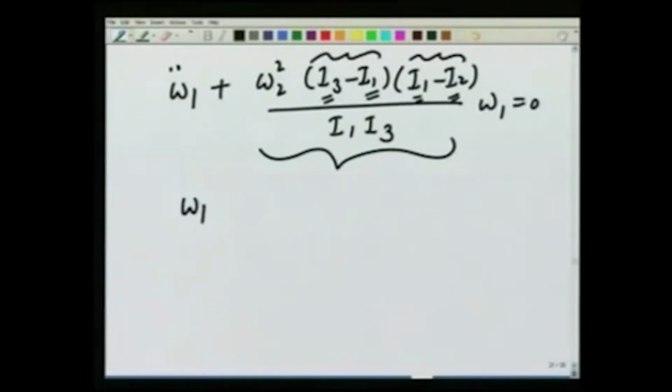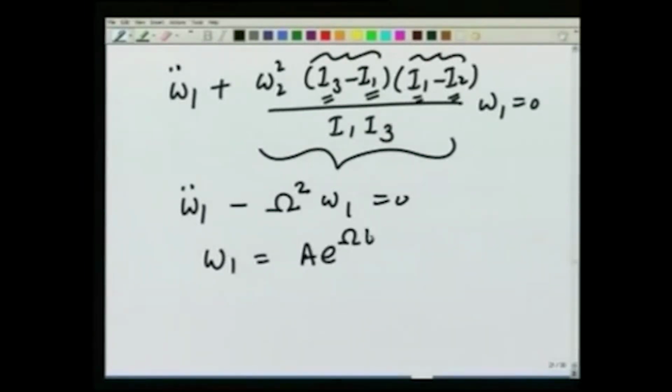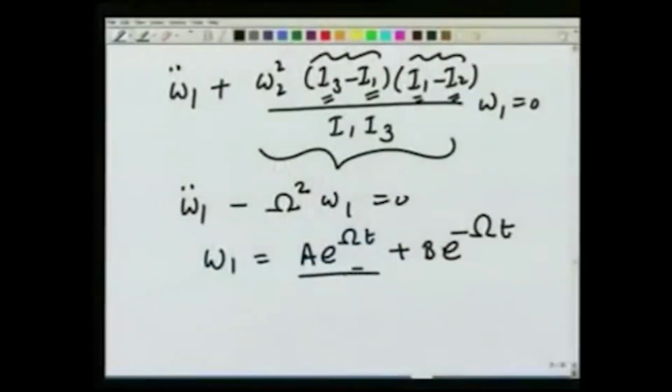Let me write this as omega 1 double dot minus omega square omega 1 is equal to 0, and the solution for this is of the form A e raised to omega t plus B e raised to minus omega t. So whereas earlier when we gave spin about the axis which has the smallest moment of inertia or the largest moment of inertia, the other two angular velocity components were just changing periodically and slightly, now omega 1 grows exponentially.